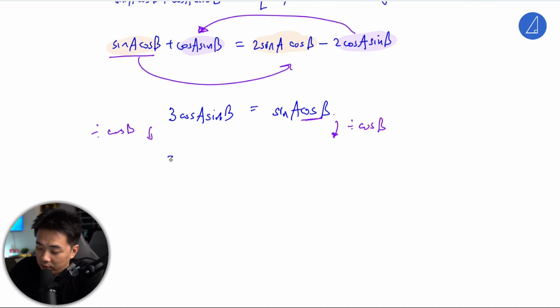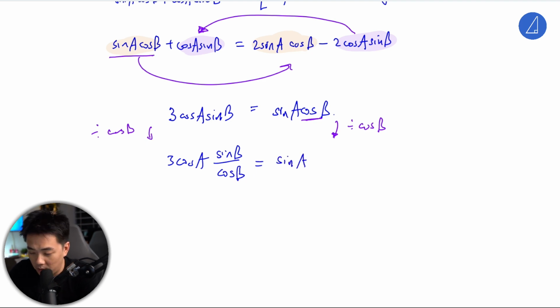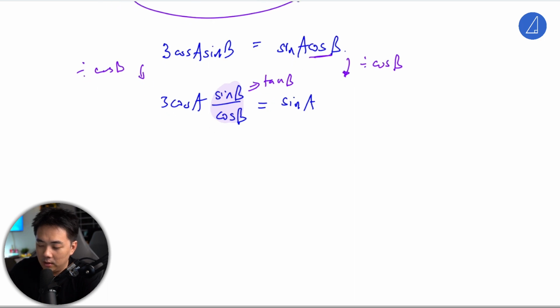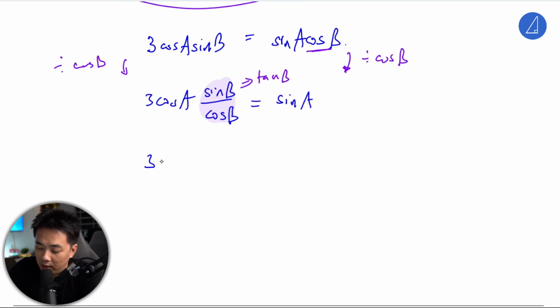And what we get is 3 cosine A sine B over cosine B equals sine A. Now this part here is your tangent B. So this case here will be 3 cosine A tangent B.